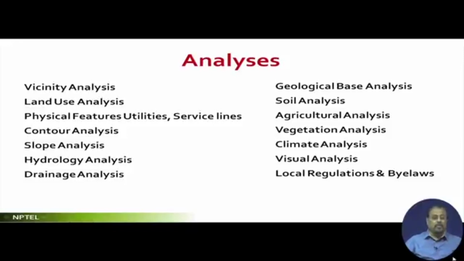Then another analysis is the physical features, like utilities and services lines. This is very critical. I am sure whoever amongst you is practically working on this project must have seen that the utilities and services lines become a very strong factor for many of your decisions.